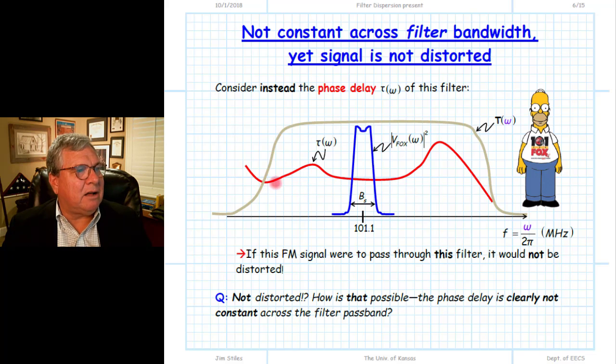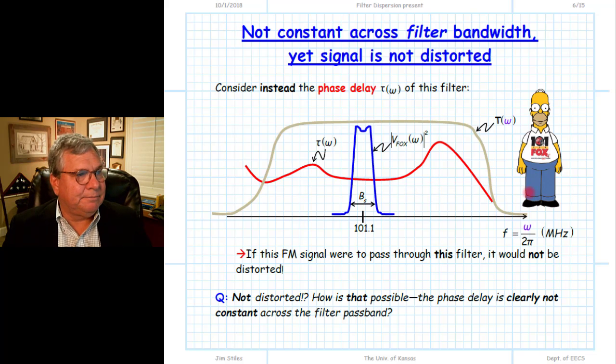The only difference now is the phase delay of this filter is different. The function is different than before as a function of frequency omega. And so we look at this phase delay and we would conclude that the signal at the output of the filter would undergo almost no distortion. That dispersion would not be a significant problem for this particular filter.